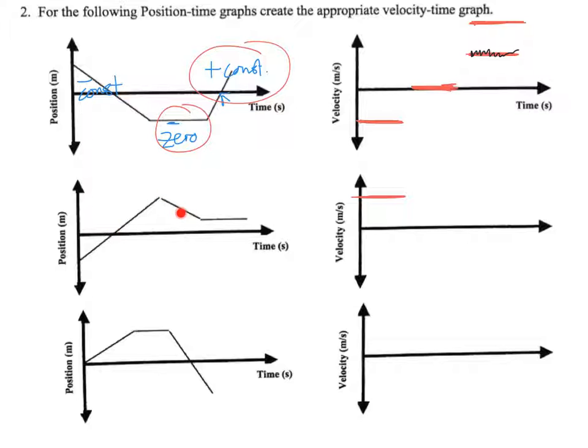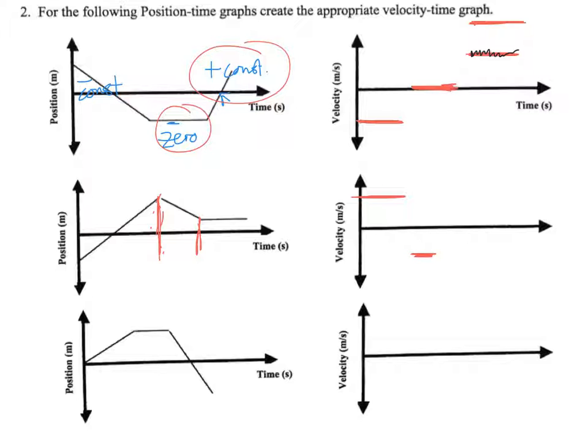If you look at time here, this time interval is way longer than this time interval. So I have a positive, then I have a negative velocity that is not very long. That's going to be maybe a short one like this.